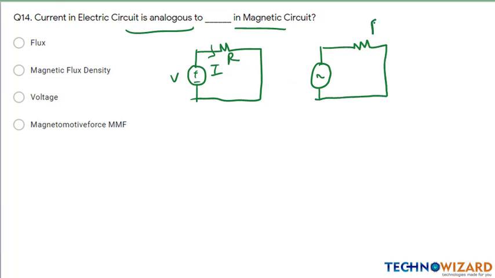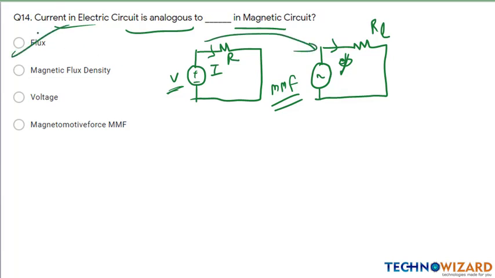In a magnetic circuit, there is reluctance, analogous to resistance. V is the force here to make the current flow in the circuit. Here, the force is the MMF, the magnetomotive force, and the flux flows through the circuit. Therefore, current is analogous to flux in the magnetic circuit. Option A is the correct answer.